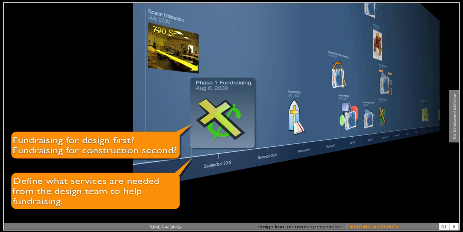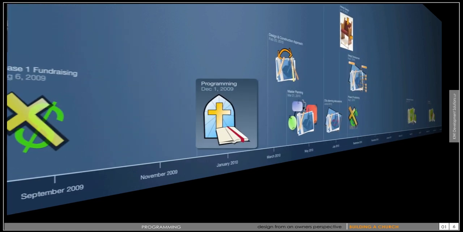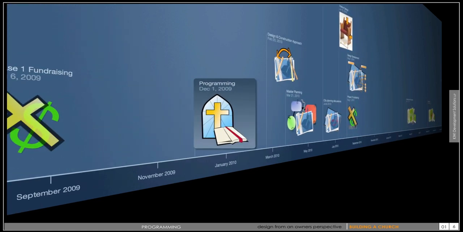So really the first design-oriented component of a project is actually programming. Now this involves often very lengthy meetings with staff and the congregation, looks at the different ministries, looks at operations. So it's looking into the future requirements and needs for the ministries and for the church.